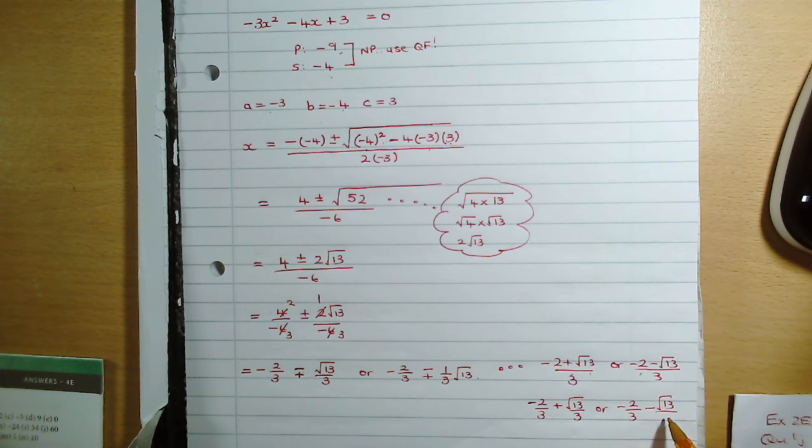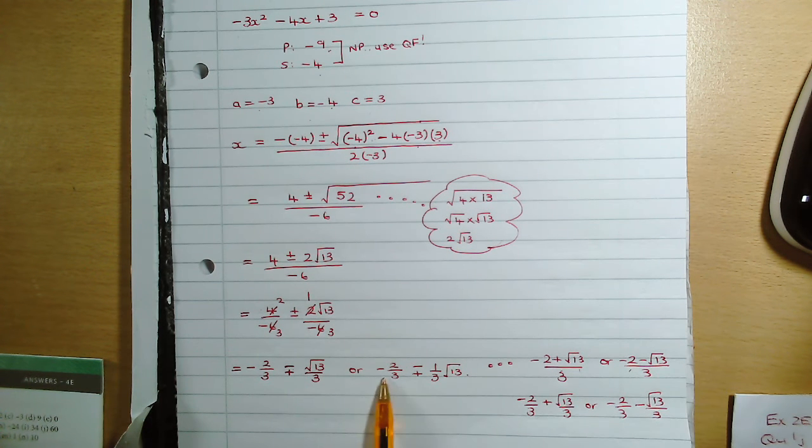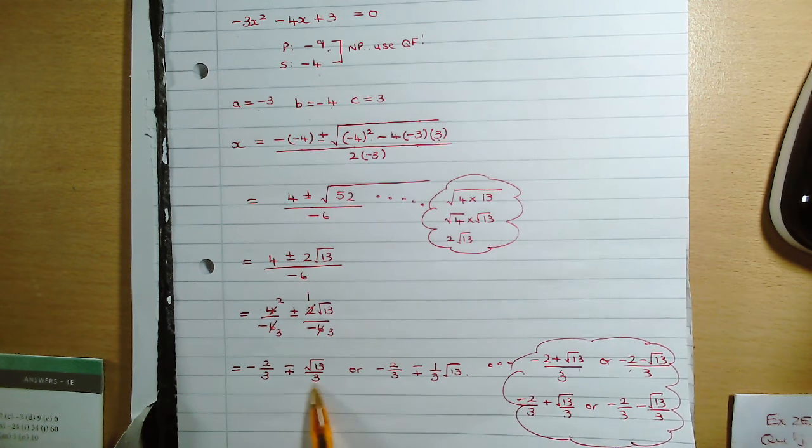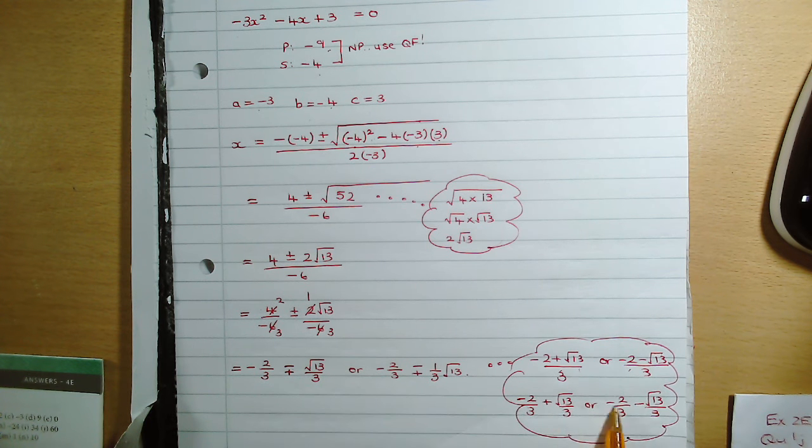So again, if you compare these two solutions with what we have, so we've got minus 2/3 minus a third root 13, or minus 2/3 minus root 13 over 3, so that's that solution. And then we've got minus 2/3 plus root 13 over 3, that's that solution. So again, even though the answers look slightly different in the book, if we have got these answers here or those answers there, they are actually the same as the book.